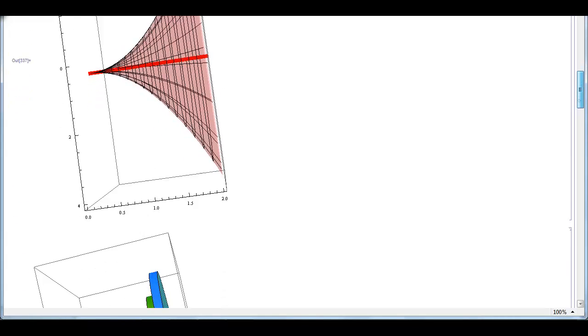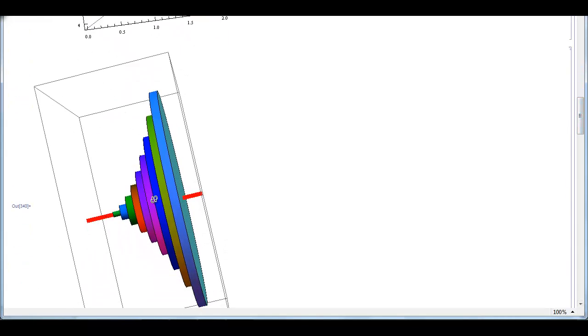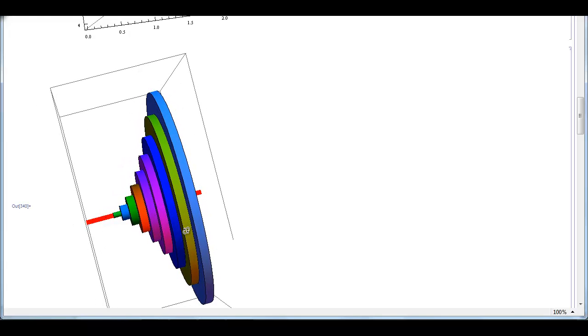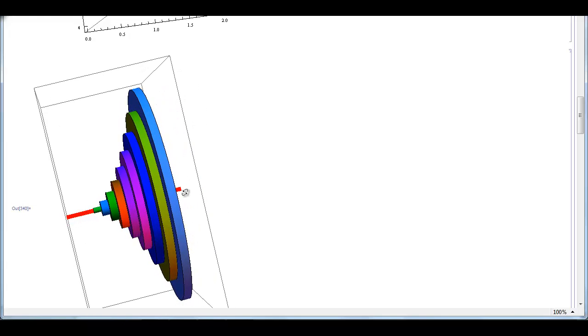If you did more and more cylinders, you could stack them together and get closer and closer to a smooth curve instead of this jagged thing. So our goal when we find the volume is to find the volume of each one of these cylinders and then add them all together.